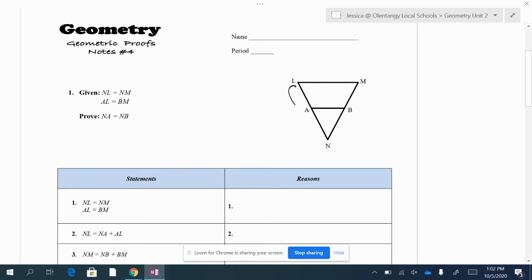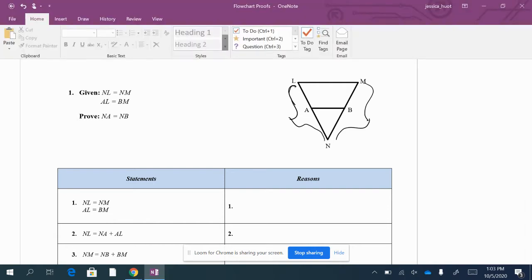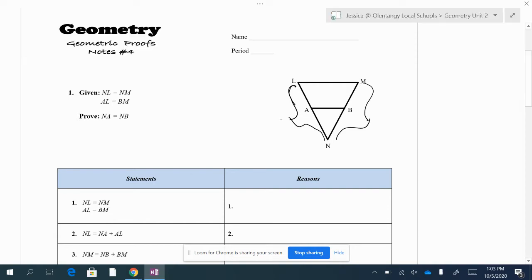So if we have that these two segments are equal, so maybe something like that. I don't really know, just to show that they're equal to each other. And then AL is equal to BM. So I'm just going to put a line there. Those two segments are equal to each other as well. We're proving that this segment, NA, is equal to NB. Okay, so those two segments right there are equal to each other.